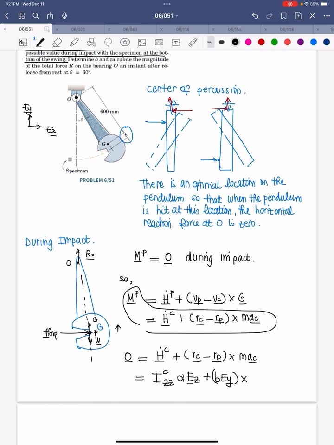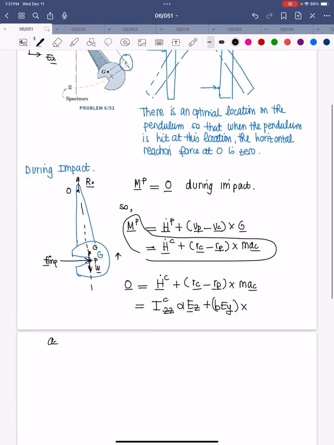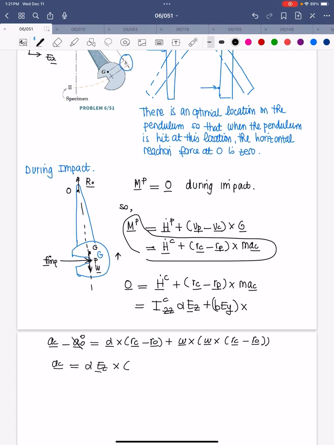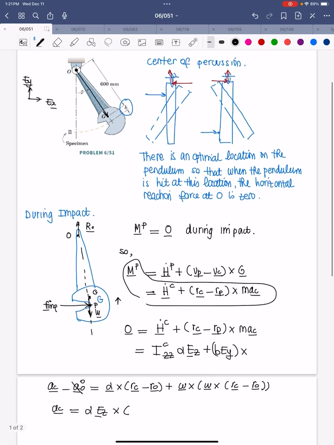Okay, the acceleration of the center of mass C, I can write as a_C minus a_O equal to alpha cross (r_C minus r_O) plus omega cross omega cross (r_C minus r_O). O is a fixed point, so a_C is alpha e_z crossed with r_C minus r_O, which is this vector in the vertical.